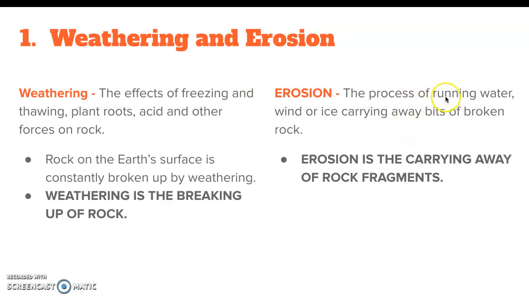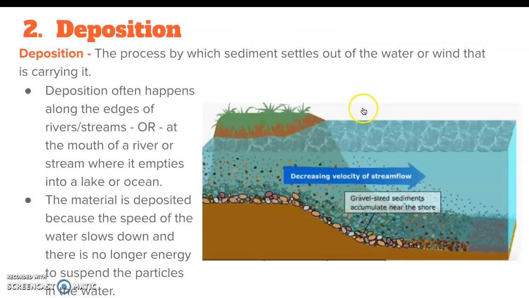Like we said before, a lot of times that involves wind or running water. This was one I didn't mention before, ice. When glaciers move, they can also pick up little broken pieces of rock and carry them with the glacier. And eventually, if and when that glacier recedes and starts to melt, those little pieces are deposited. Which brings us to deposition.